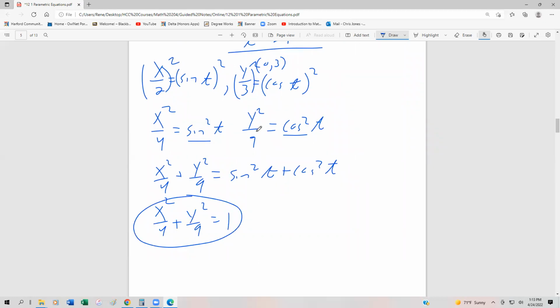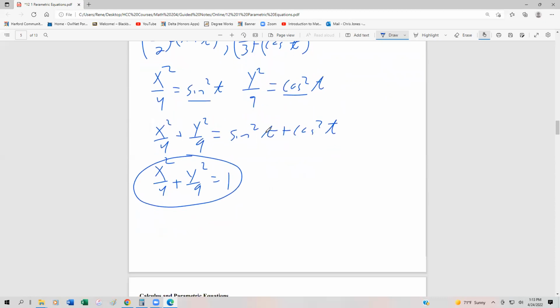Now we have to think back to pre-calculus a little bit, and this is actually going to be an ellipse. What you could do is think about substituting some values back into this. So let's say, for instance, x were equal to 0.